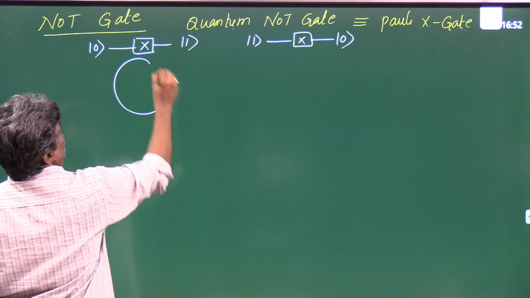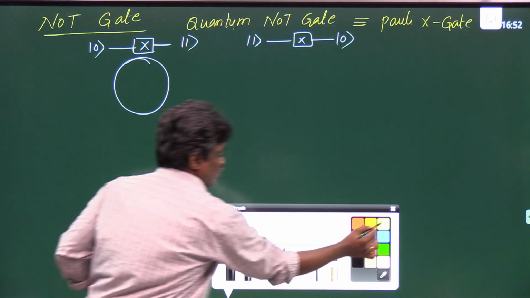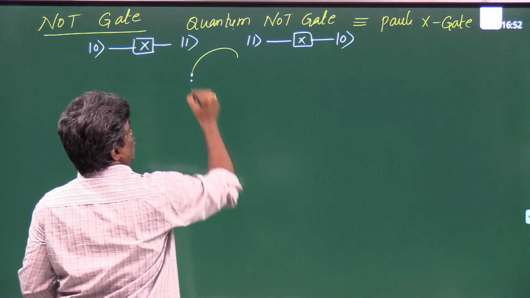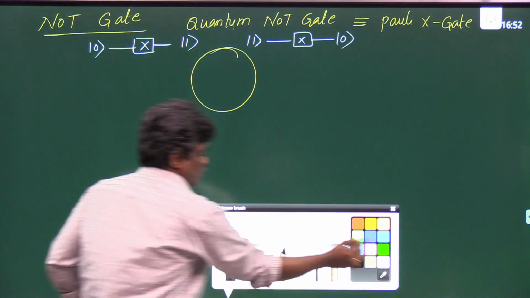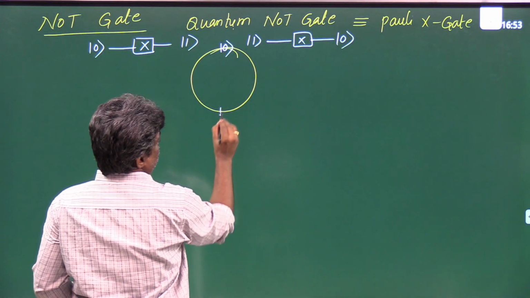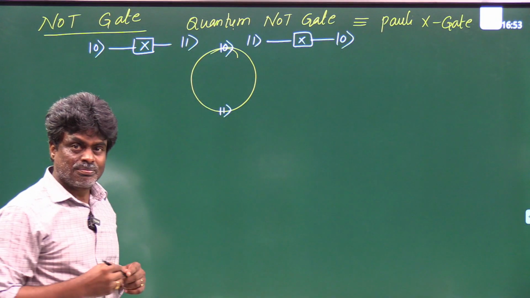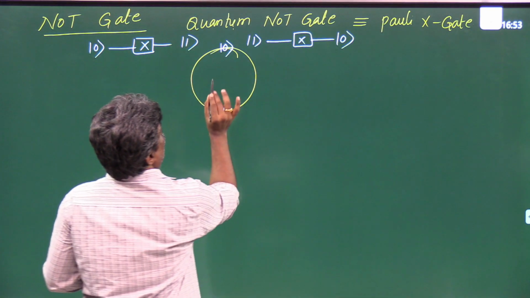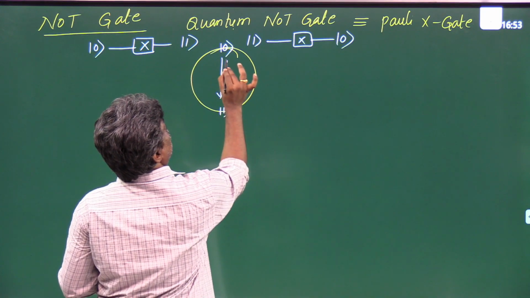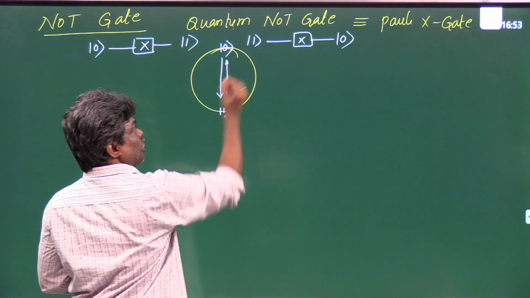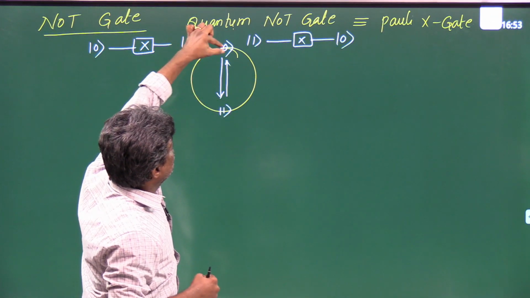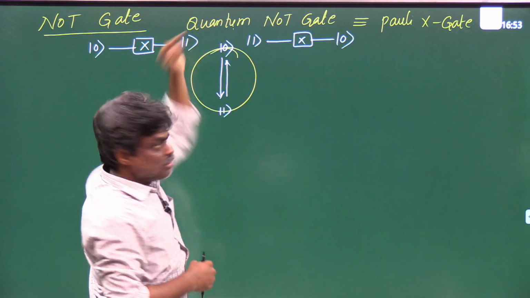If you take a Bloch sphere, this is the north pole, we have 0, and this is the south pole, we have 1. And this NOT gate is doing 0 converted to 1 and 1 converted to 0.